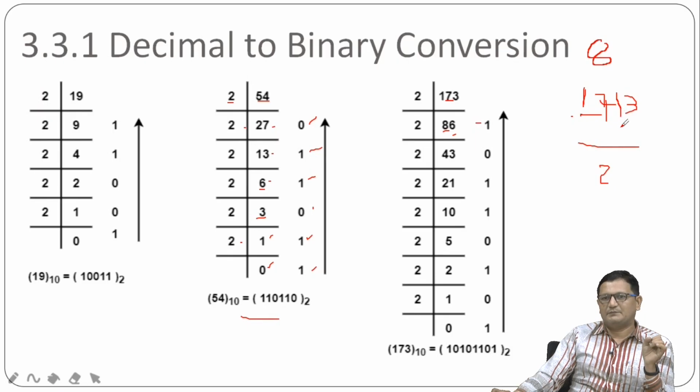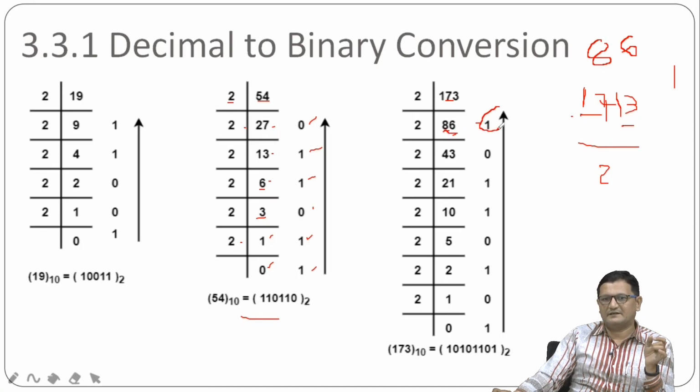Now this number becomes 13. 2 6s are 12, but the number is 13, so the remainder is 1, and that is why I have written 86 here as the quotient, and this 1 is a remainder.